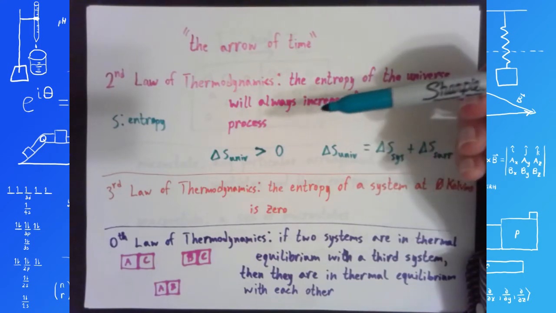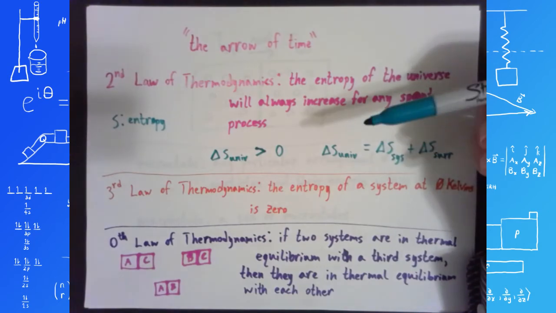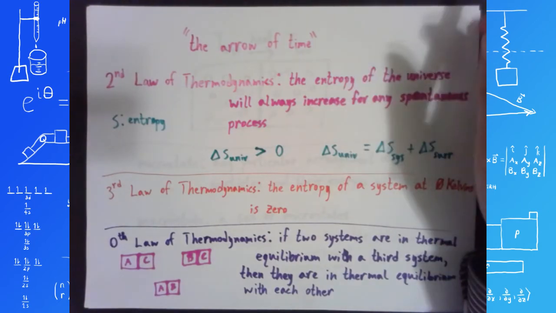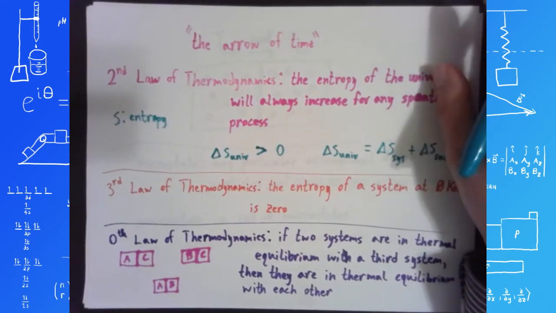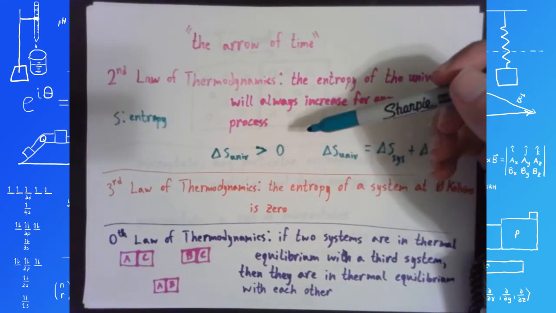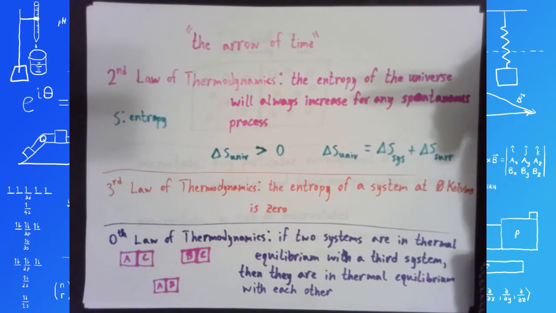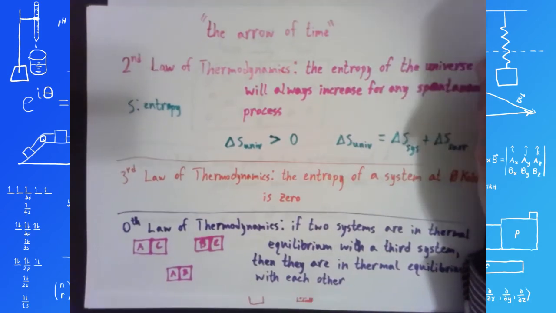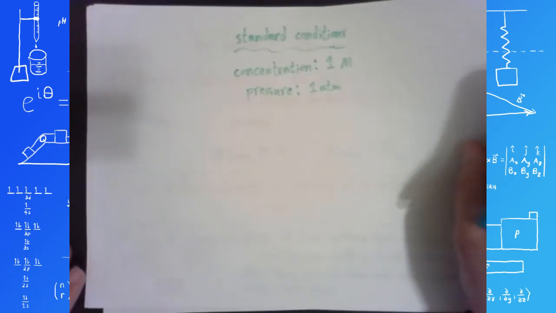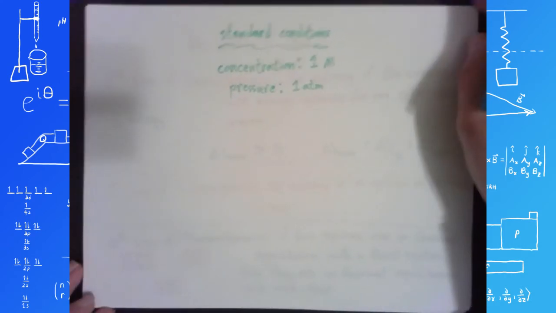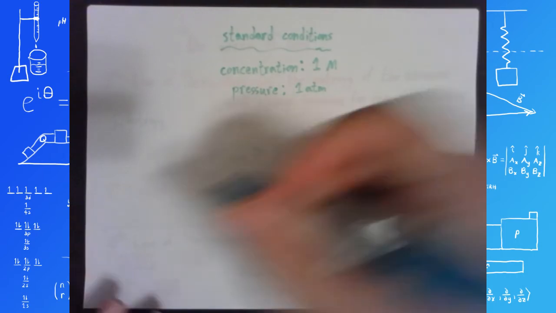It's the entropy of the system in its final state minus the entropy of the system in its initial state. And if your system is a reaction, then it's the entropy of the products minus the entropy of the reactants. However, there is one other way to calculate change in entropy, and that's for when temperatures don't change.